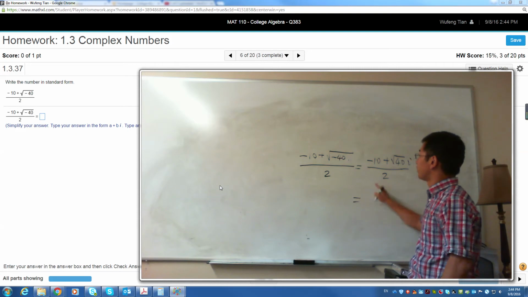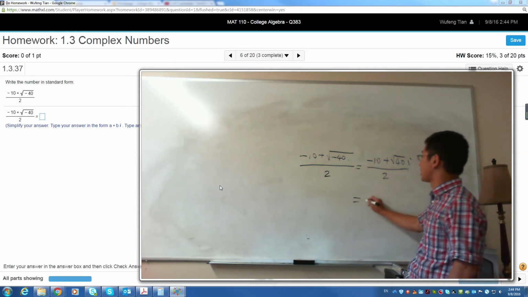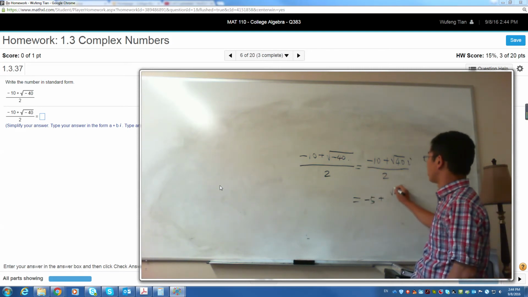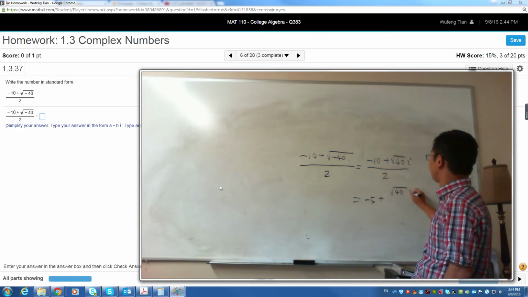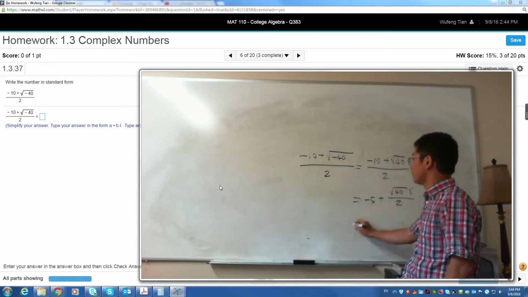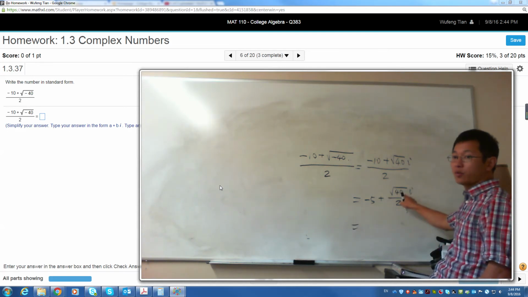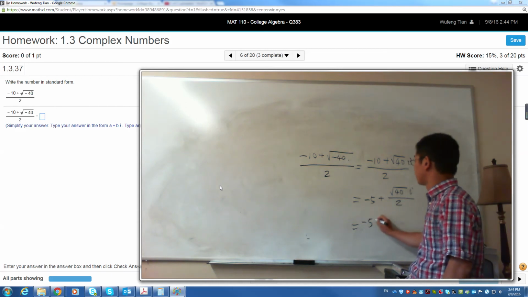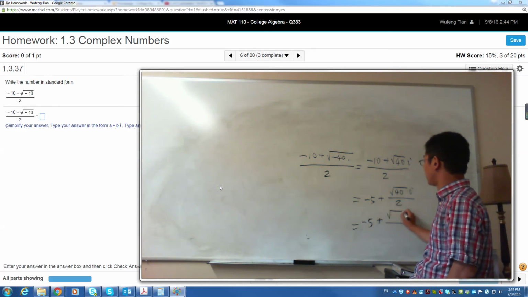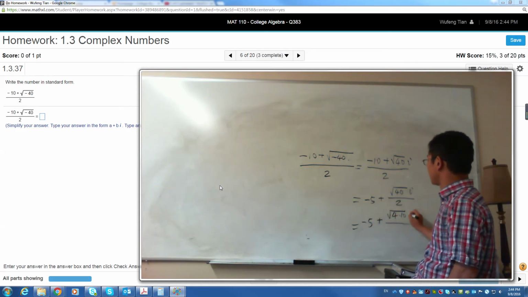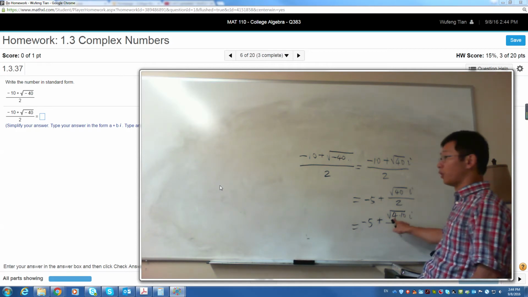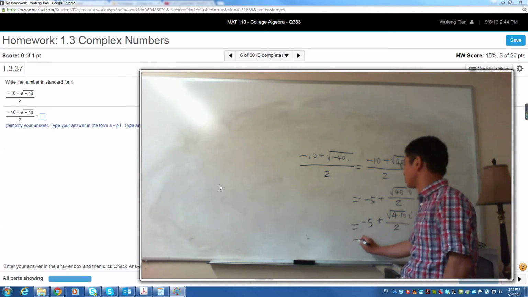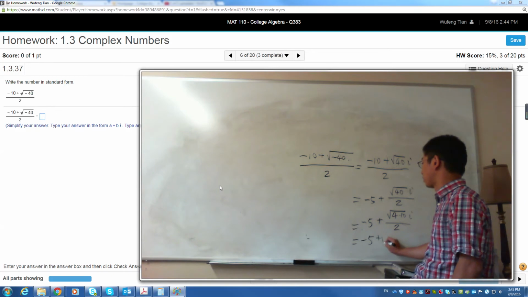Simplify: negative 10 divided by 2 is negative 5, plus square root of 40 i over 2. Square root of 40 is square root of 4 times 10, so it's negative 5 plus square root of 4 times 10 i over 2. Square root of 4 is 2, which cancels with the 2, so the final answer is negative 5 plus square root of 10 i.